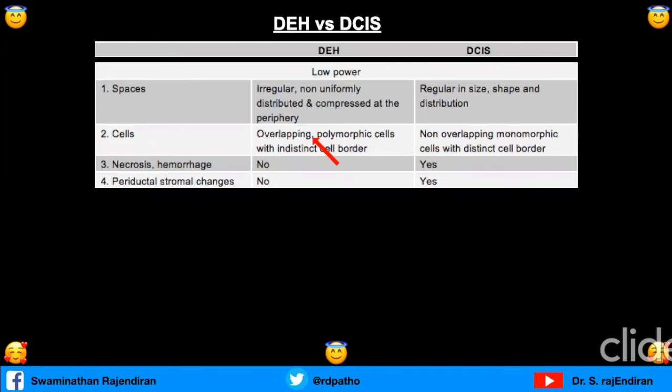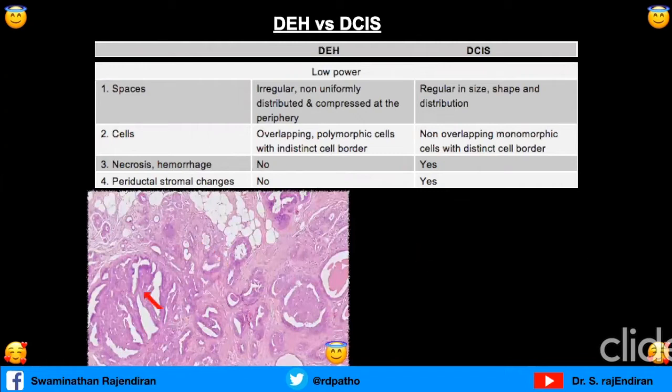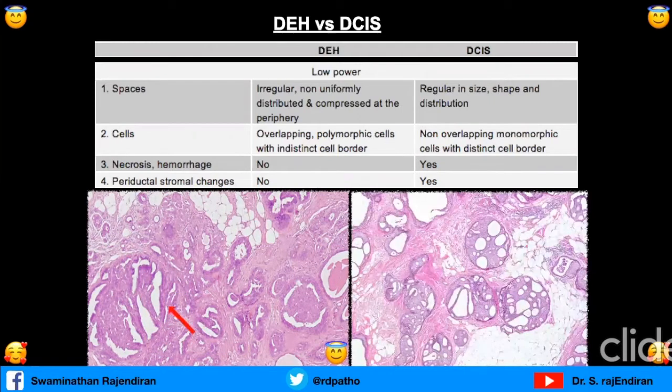In the low power, when you see hemorrhage and necrosis, it's mainly DCIS, with periductal stromal changes. In DEH the spaces are irregular and compressed in the periphery, whereas in DCIS they are regular in size, shape, and distribution. The cells are overlapping if you see it in high power, and heterologous. Please remember, polymorphic, whereas here it is monomorphic.